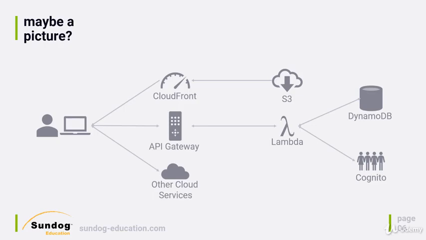So the way this works is you'll upload your static files, your HTML and JavaScript, into what's called an S3 bucket. It's basically like a folder with a unique name within the larger world of S3. CloudFront will then sit in front of that and make sure that those files are distributed throughout the world to servers that are closer to your end user and accelerate the serving of those files to the end user. So that's step one. That's how all the static content gets initially to the browser.